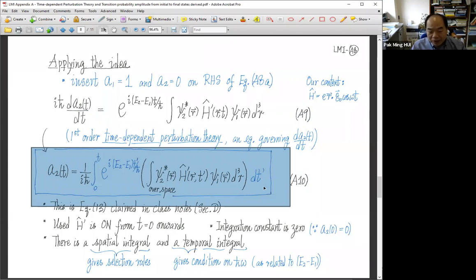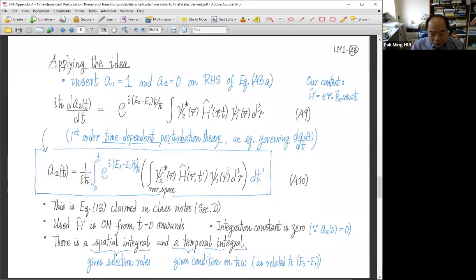The key idea is that there are two integrals. One has to do with space, and it has a rather familiar structure now. The initial state is in an eigenstate of the atom, phi1.